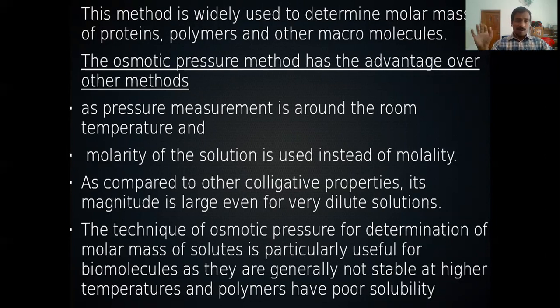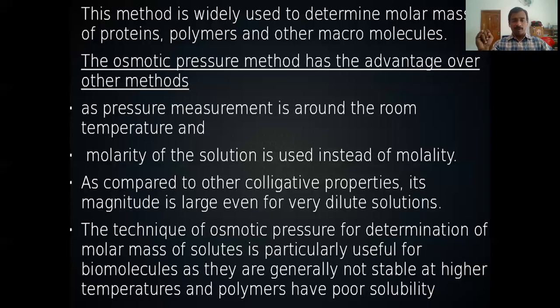The first one, pressure measurement is around the room temperature. Second, molarity of the solution is used instead of molality. Third, as compared to other colligative properties, its magnitude is large even for very dilute solutions.